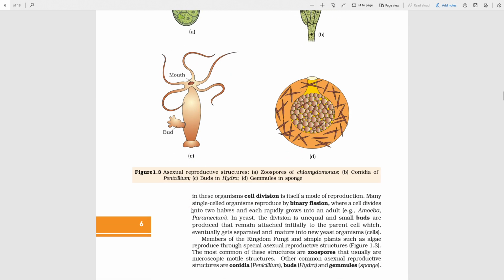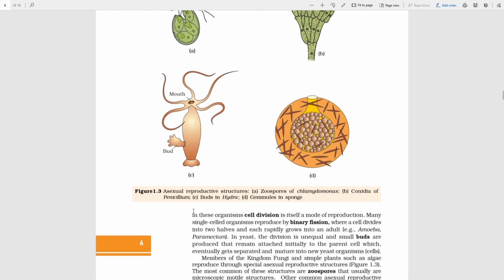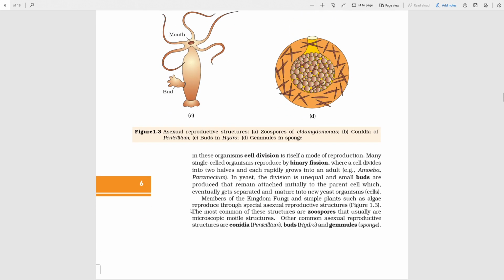First, in these organisms, cell division itself is a mode of reproduction. So let's make a note over here that in asexual reproduction, cell division is also a mode of reproduction. Okay, now coming to this diagram. Let's first read it out and then we'll come back to the diagram. Many single-celled organisms reproduce by binary fission, where a cell divides into two halves and each rapidly grows into an adult.